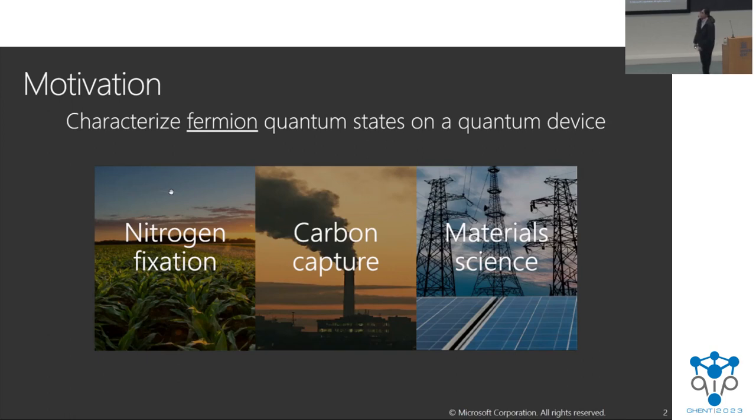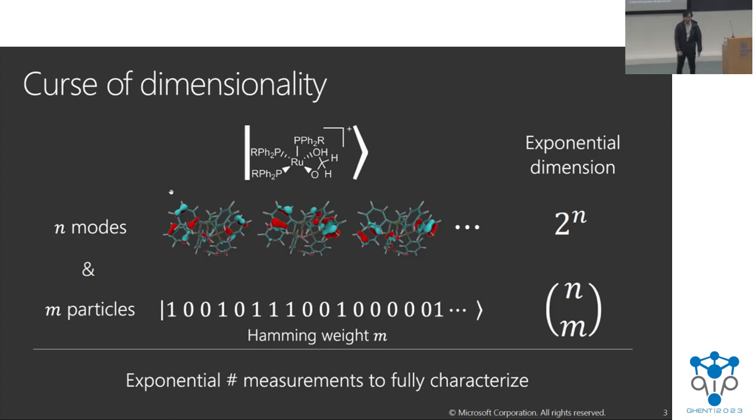Suppose you've made some interesting fermion state representing some interesting molecule or some breakthrough problem. What do you do with it? Well, the natural thing to do is to measure it, because once you've made a state, measurement is the only next step. But how expensive is it to characterize a fermionic state? The simple answer, or maybe the most general answer, is that it depends on the dimension of your system.